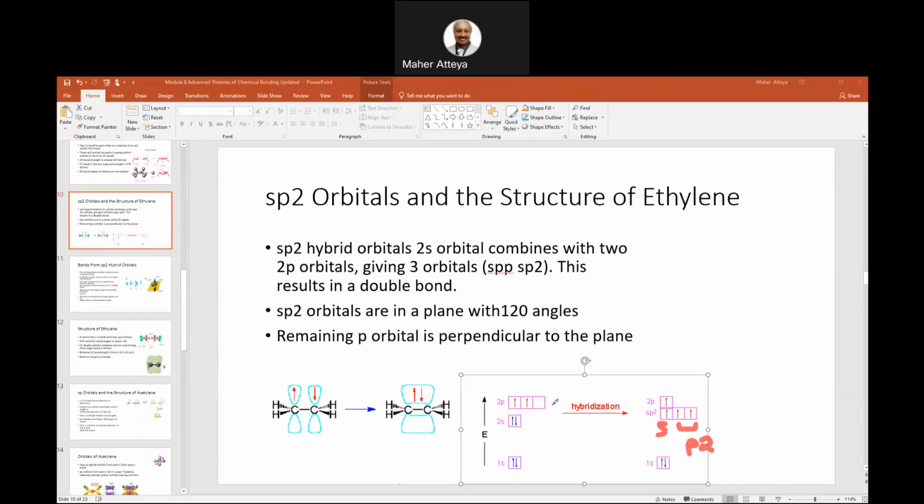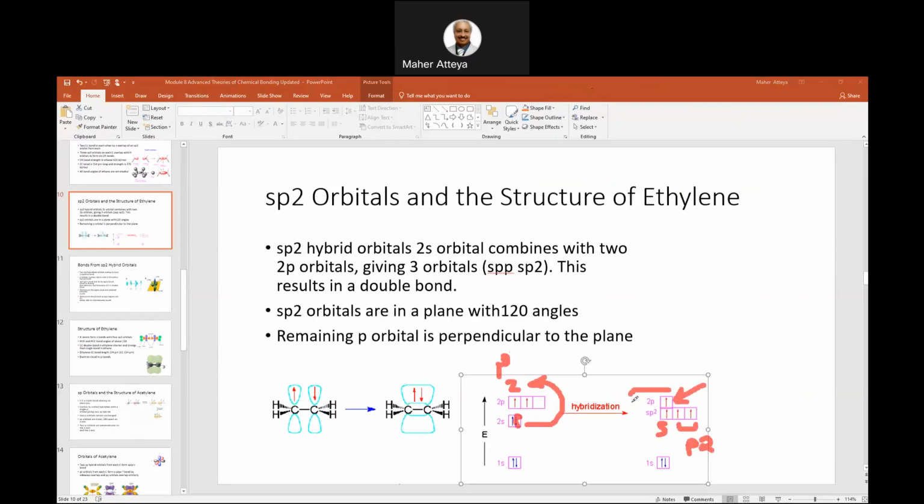One of the p's is kicked out, leaving an empty pz. So this is an empty orbital of p. We kicked out this one here.